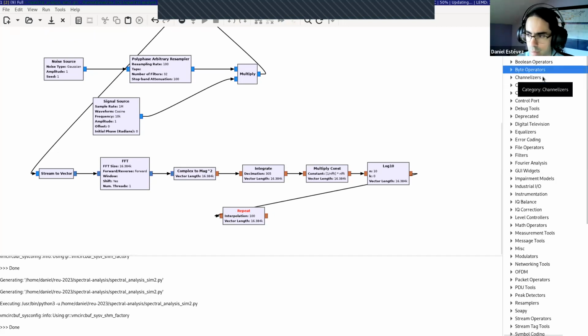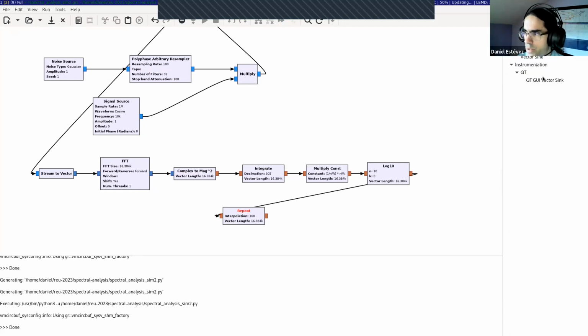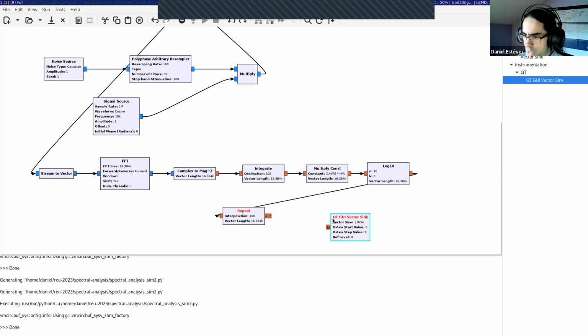The reason I'm going to do this is because I'm going to put here this vector sink, which is a way of representing graphically the contents of these vectors. But if I only feed one vector every 5 seconds, the data might not reach here soon enough.